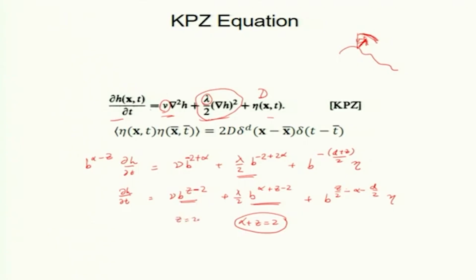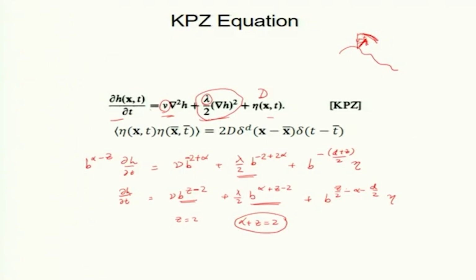z equals 2, but then alpha is 0, right? This is a problem. Alpha 0 means roughness does not change with L. So what is the problem? The problem is assuming that nu is a constant. Nu can change with b, and that is renormalization.